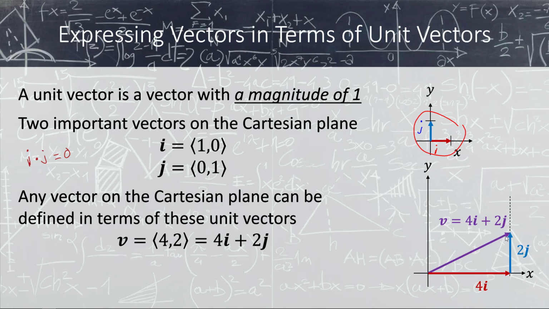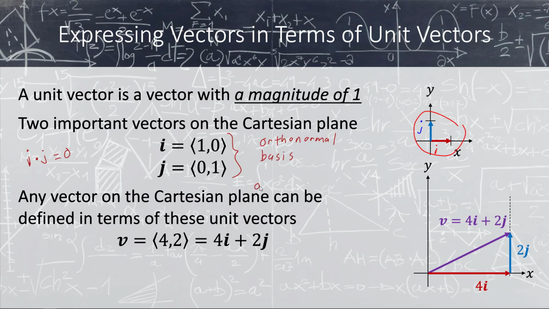which is 4i plus 2j. On the Cartesian plane, we say that these unit vectors form an orthonormal basis for any vector on the Cartesian plane. What specifically does that mean?